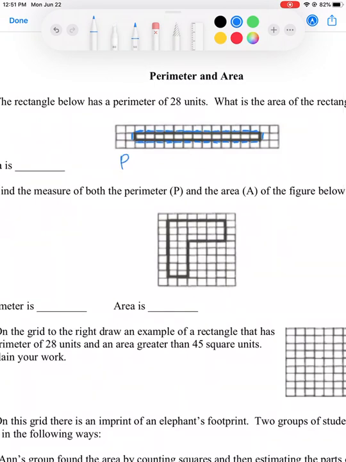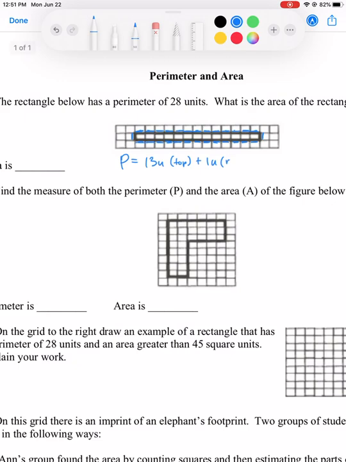So even though they told us the perimeter already, I'm going over what it would be. Perimeter is equal to 13 units from the top, plus 1 unit from the side. We're going to name that side the right side.